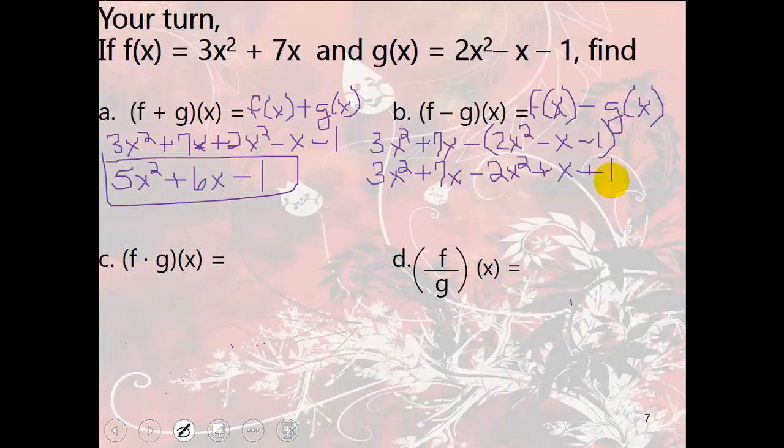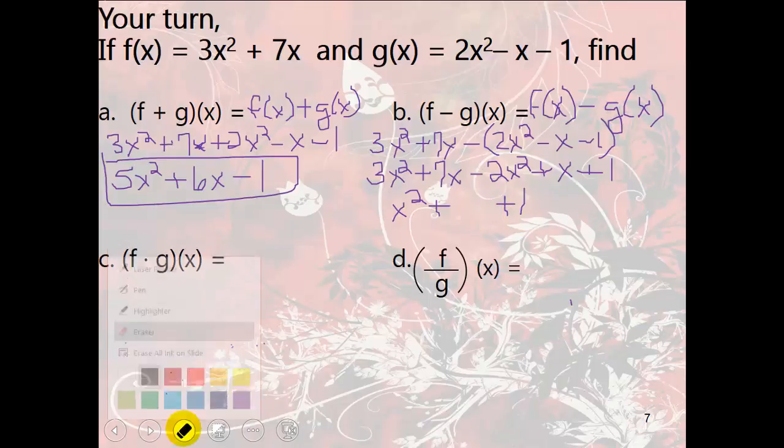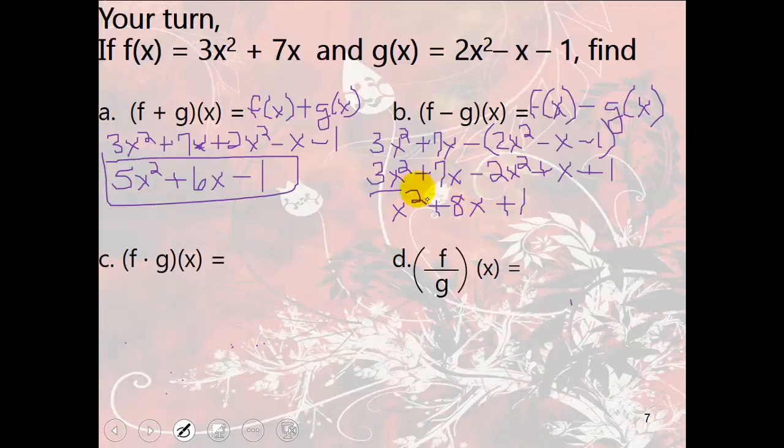So I get x squared plus 8x plus 1. And that's my difference, or my subtraction function.